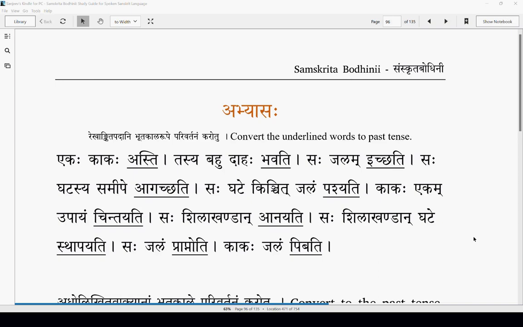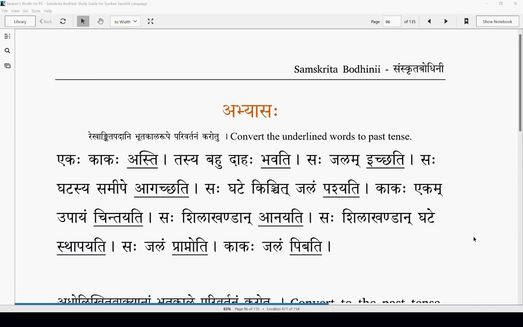Any question on any of the meanings here? Story is simple, clear.